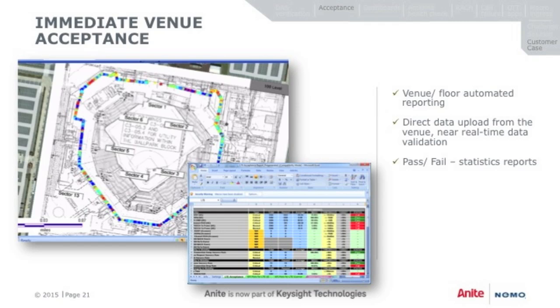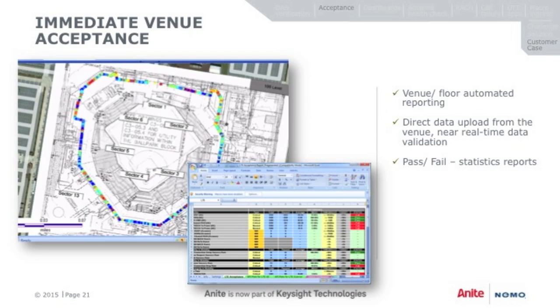So instead, with the Synergy solution tied with the Nemo Walker Air, as soon as you collect all the data, you can upload it straight to the Synergy solution, and we can provide automated reports that show you if your venue is a pass or a fail. Every operator is different, so you can define some thresholds.